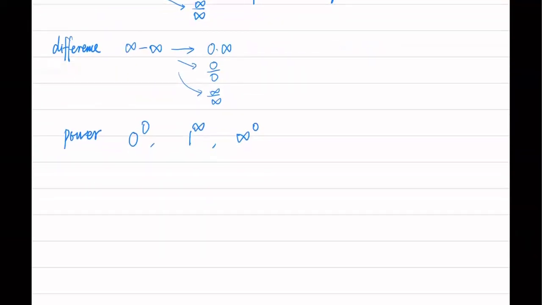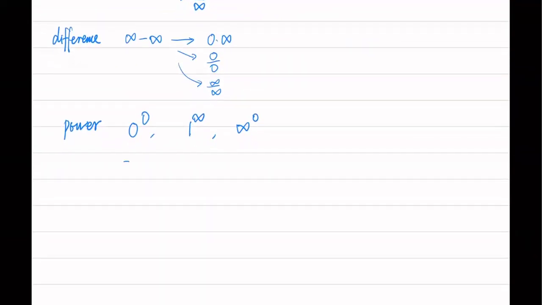Okay, what does this mean to us? So this one we have one example we have discussed before. For this one, consider the following limit. When x goes to infinity, 1 plus 1 over x, to the power of x.